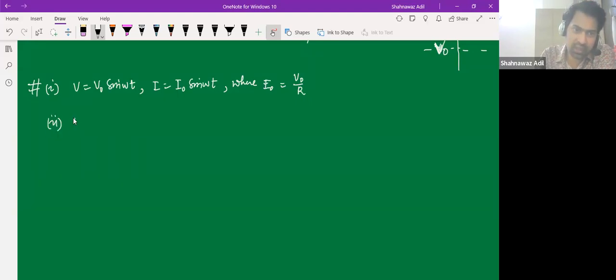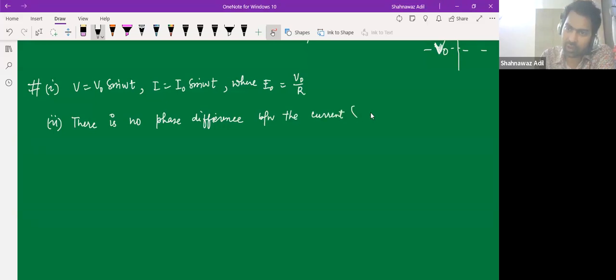Second thing is that there is no phase difference between the current and voltage in resistive circuit.